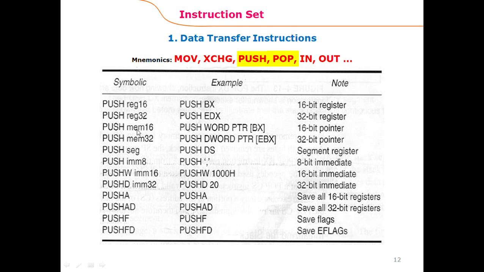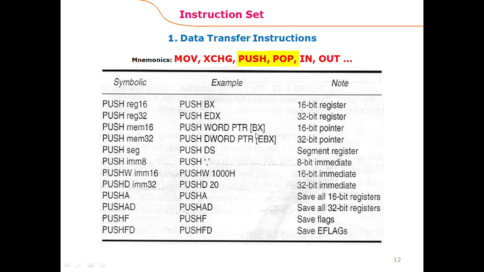PUSH memory 16: if one wants to push a 16-bit value from a memory location provided here, then the microprocessor needs some additional directives to tell it that only 2 bytes of data are to be pushed from the memory location given here onto the top of stack.